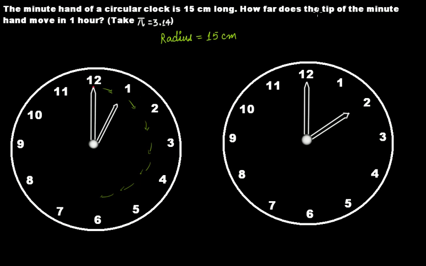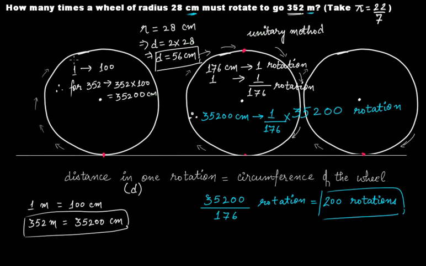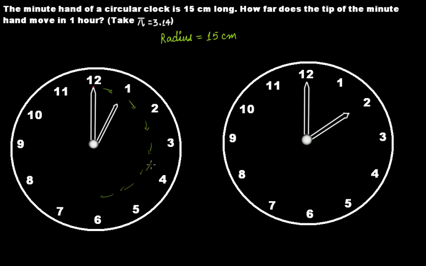So how far does the tip of the minute hand move in 1 hour? Same as what we discussed here, in one rotation it travels a distance equal to the circumference. In this case, if it makes one circle, you simply have to calculate the circumference.